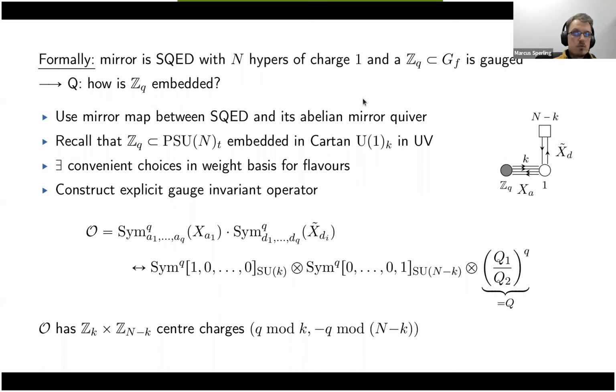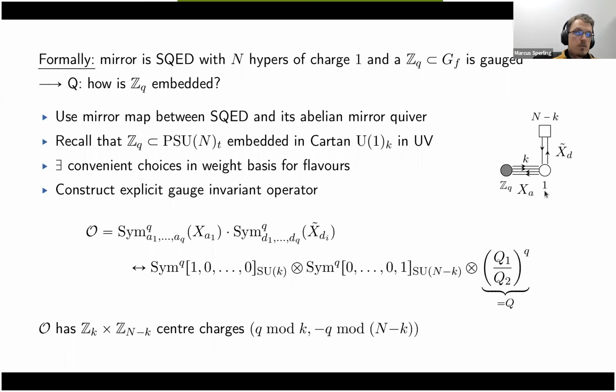It turns out that you do a very similar thing. You split the flavors into two sets, and then you act on one of the sets with the Z_Q, and the other set is unaffected. And if you follow this recipe, you can, by some arguments, construct an operator which is gauge invariant, which then precisely reproduces the charges that you would expect from the global symmetry.